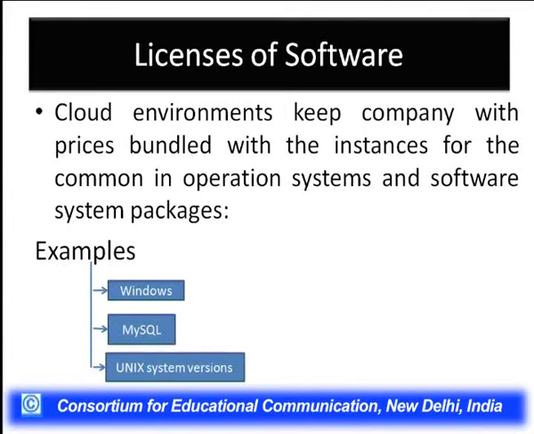If you are going for a Linux system, you are going to pay a different amount for the very same configuration of CPU and memory. If you are going for an OS such as Windows, you have to pay a higher amount. So the software licensing cost is bundled with the kind of instance, the kind of machine you are using.